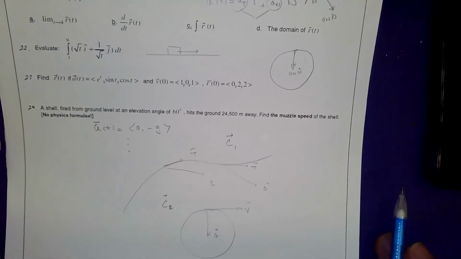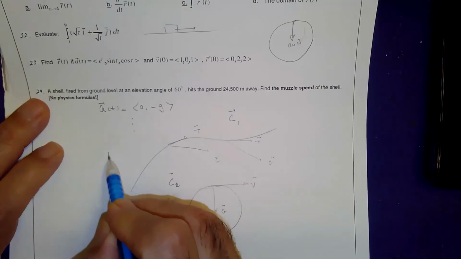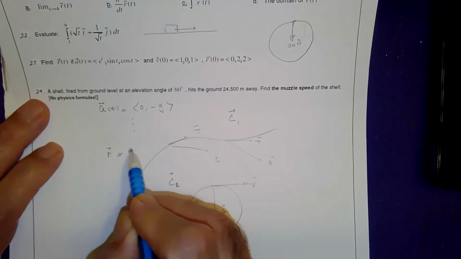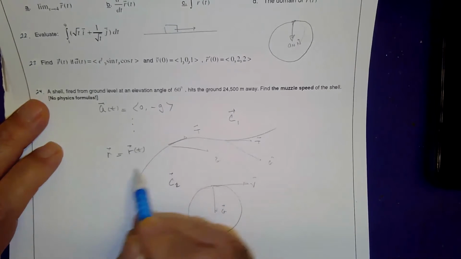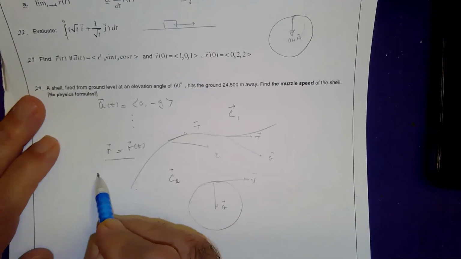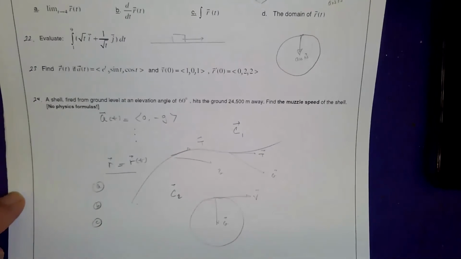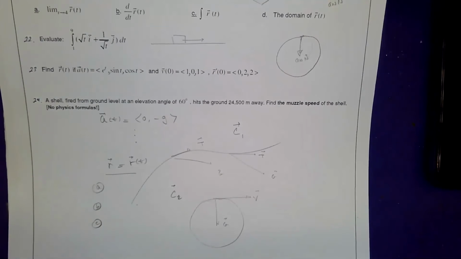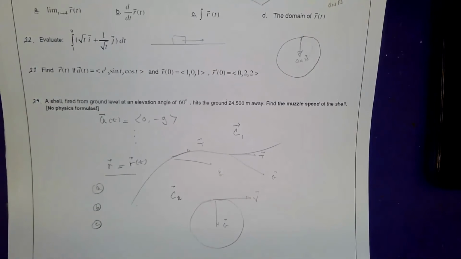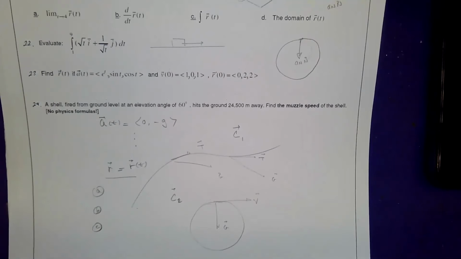question, whatever it is. So from here, you gotta go all the way to position. After this, then you answer your questions A, B, C. What is the maximum height? How long does it take for the ball to hit the ground? And what is the speed at impact? Stuff like that.